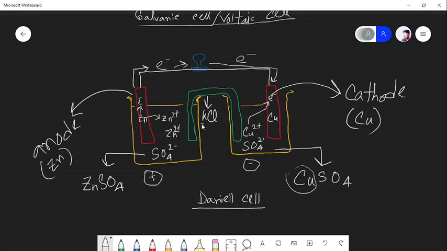Now, what this salt bridge does is, since this solution has become more negative, the potassium gets ionized and joins this solution, and the number of positive ions stays at a balanced state, creating a balance between these two.